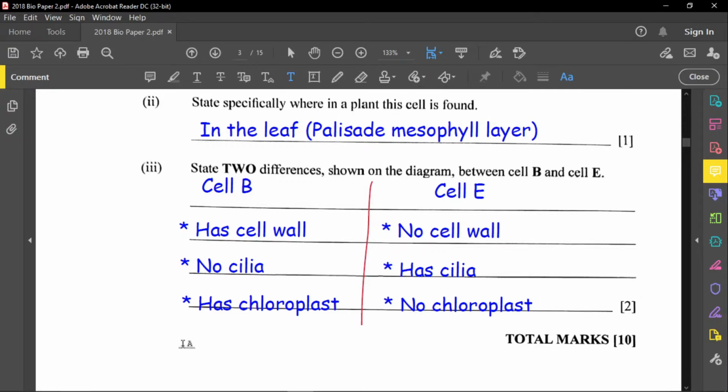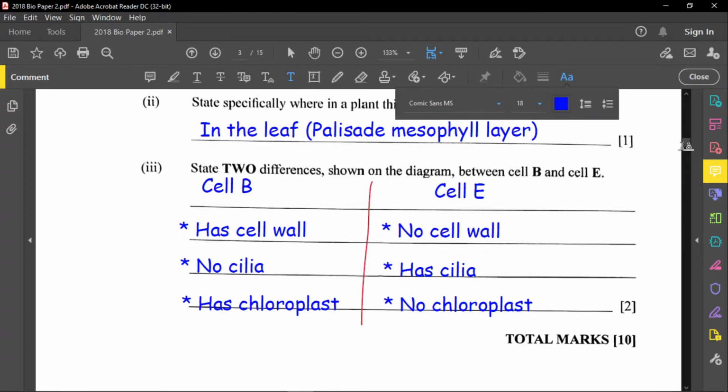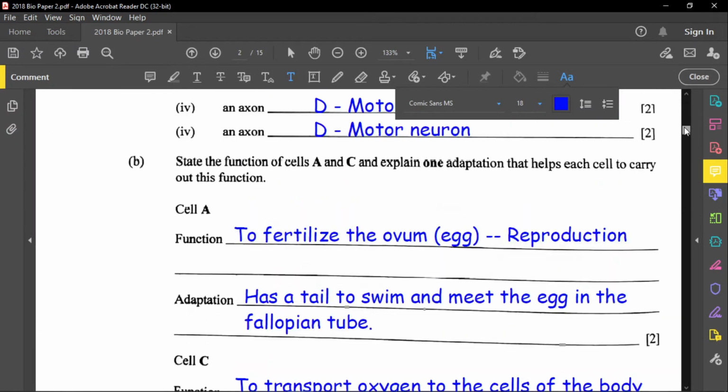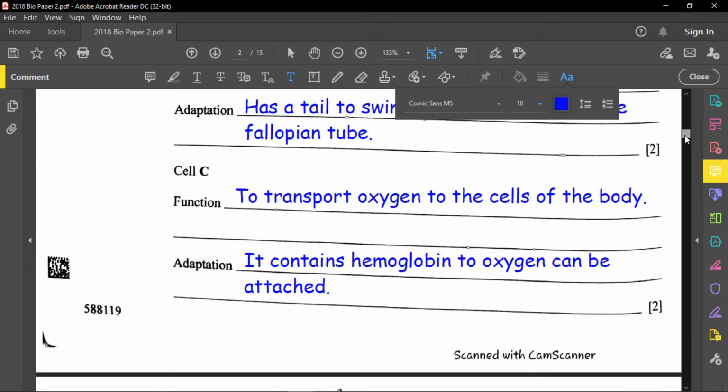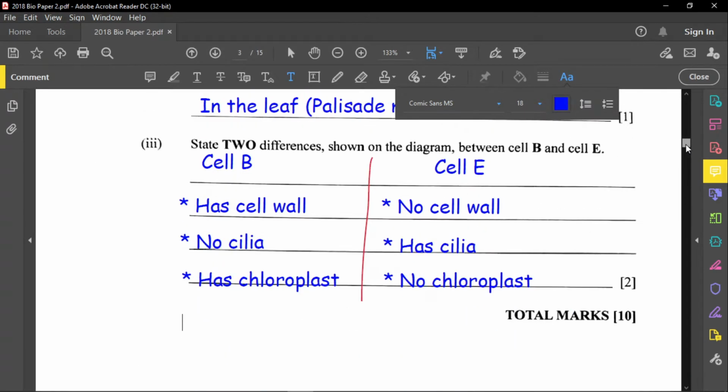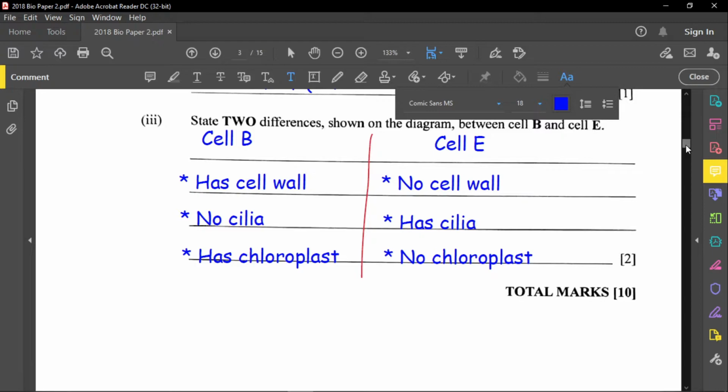We can also put another one right here. Look at the diagram and notice the position of the nucleus. The nucleus is positioned at the side in cell B, while it's centrally located in cell E. So we could put that as another difference as well. So we have four major differences between these two cells.